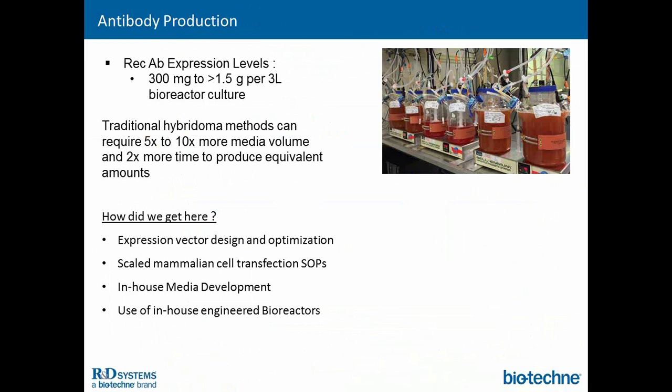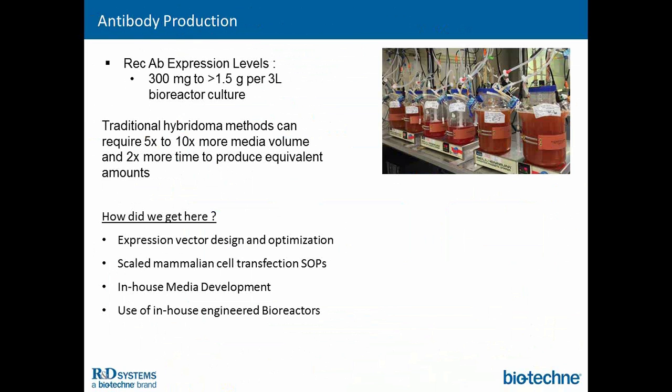The other thing we did when we established this process is we also had to co-develop an expression process for these. So for rabbit recombinant antibody expression levels, or any other recombinant antibody, we're now at about 300 milligrams to 1.5 grams in a 3-liter culture.